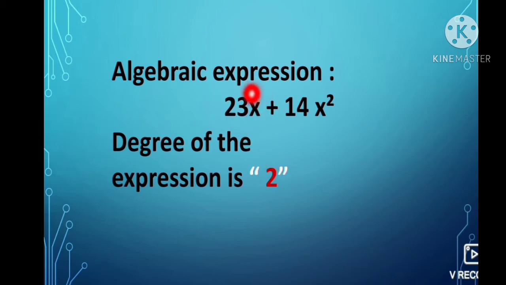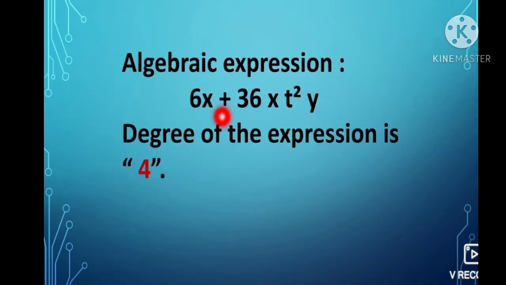Here, in the first term, 23x, what is the degree? That is, the power of x is 1. And in the second term, what is the power of x? That is 2. Which is greater? Yes, 2 is greater than 1. So, 2, the highest power, will be the degree of the expression. And here, 14x square will be the leading term. And 14 is the coefficient of the leading term.